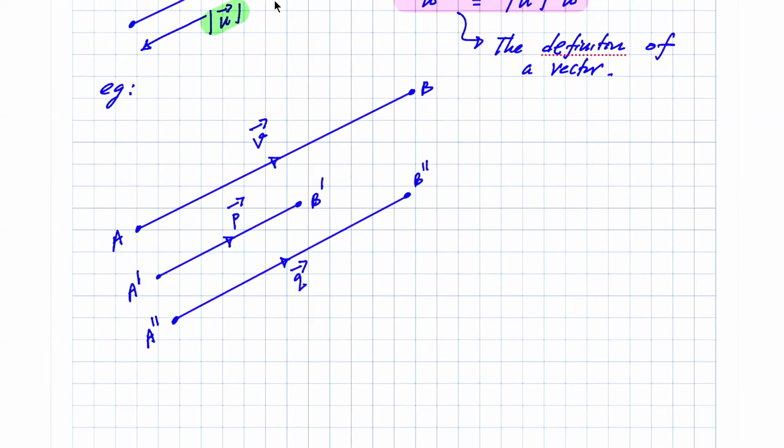Now, suppose the distance between point A and B is 10. The distance between these two is 10, and the distance between these two is 5. And the distance between these two points is unknown. Suppose lambda.